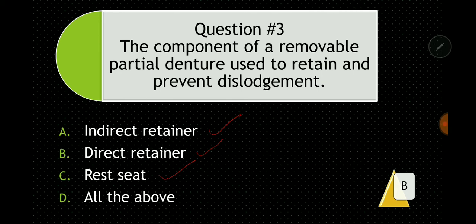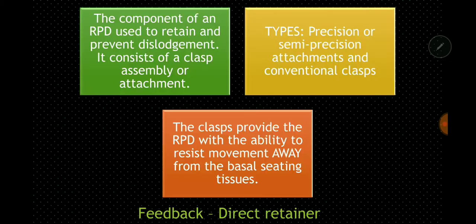So let's look at the feedback for this one. You have to know a direct retainer. What is a direct retainer? A direct retainer is a component of an RPD which is used to retain and prevent dislodgement. It consists of a clasp assembly or a clasp attachment.